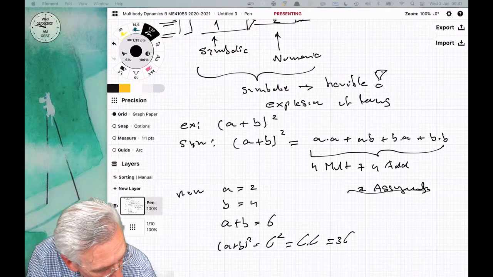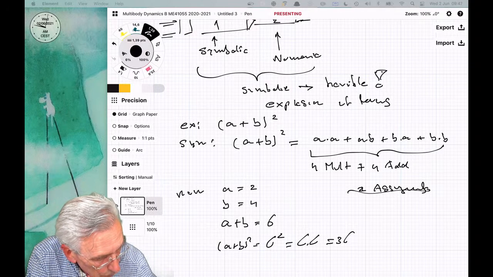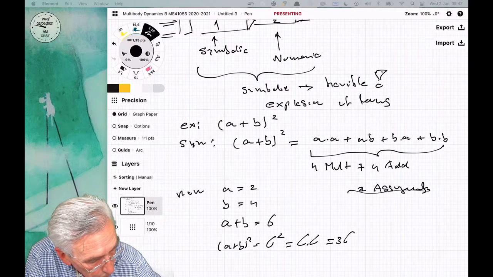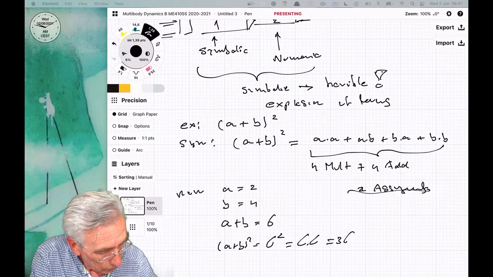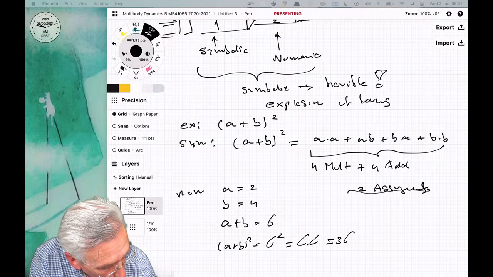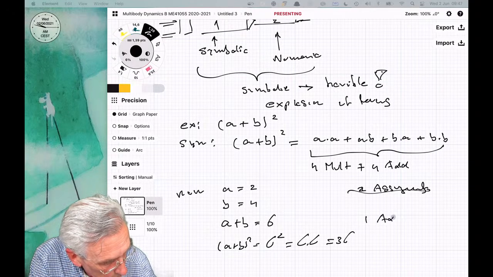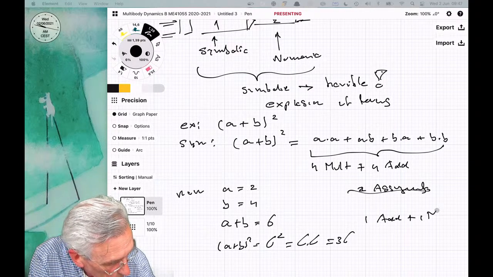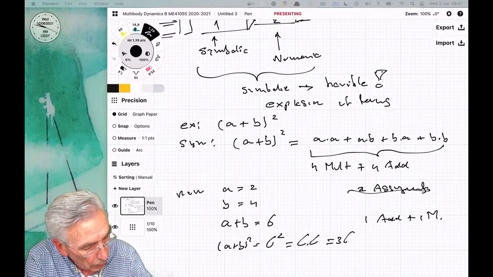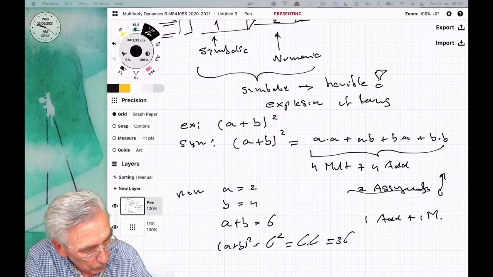Forget the assignments, the only thing happening here is one addition plus one multiplication. And compare that between the two, right?